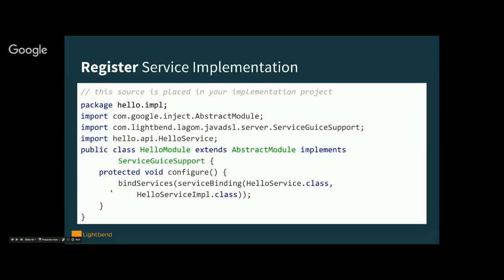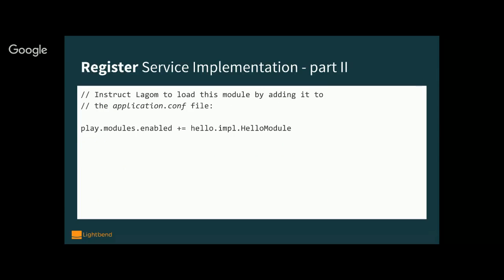Here's registering the service implementation, which is something else you do. You essentially have an injection where you bind your service, declaring the API and the implementation, and then you register these services together, so that as you receive a request, everything is properly routed. A lot of these concepts under the covers can be somewhat complicated, but there's an abstraction here with Lagom that makes it easy and lets the tooling fall through to the underlying architecture.